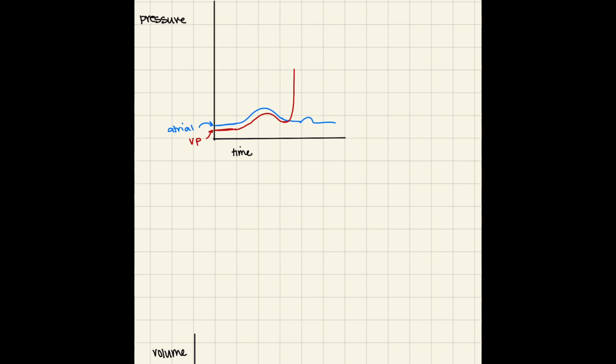And then our pressure is going to increase in the ventricles and come back down. This is ventricular contraction. Right here is where the mitral valve closes, because at this point, the ventricular pressure is higher than the atrial pressure. So now we don't want blood flowing into the ventricles from the atria anymore. So the mitral valve is going to close.